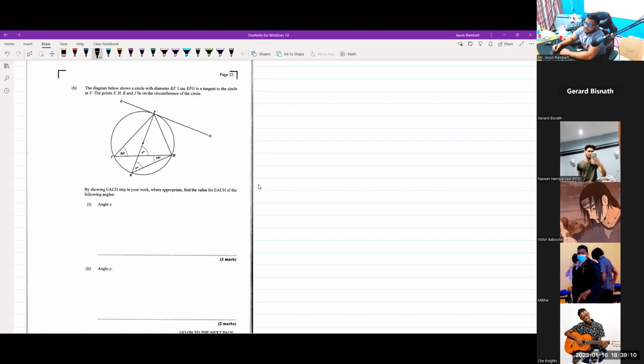If I have X, or should I put let? If I have X, I have this here. Correct? Is a triangle. All agree with me? If I calculate this here, 180 minus that will give my Y. I'll do that. Yes.